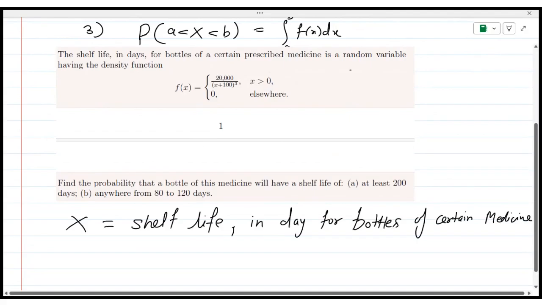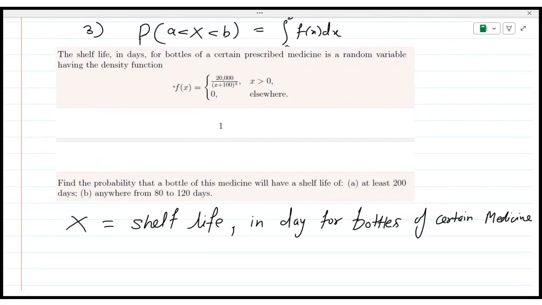And what we are given is the density function f of x. So f of x is 20,000 upon (x plus 100) whole power cube when x is greater than 0, otherwise it is 0. Now what we have to find? We have to find the probability that a bottle of this medicine will have shelf life at least 200 days.